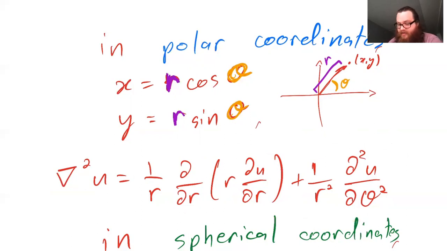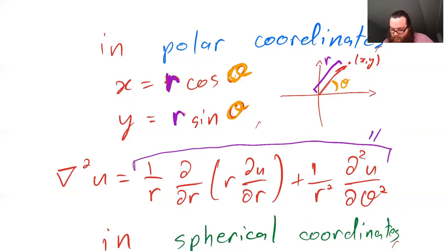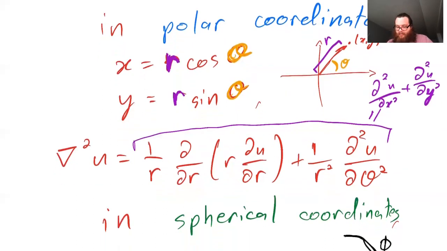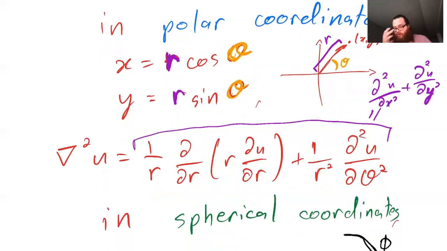The key thing is that this whole expression right here is equal to d dx squared of u plus d dy squared of u. So that's in polar coordinates.